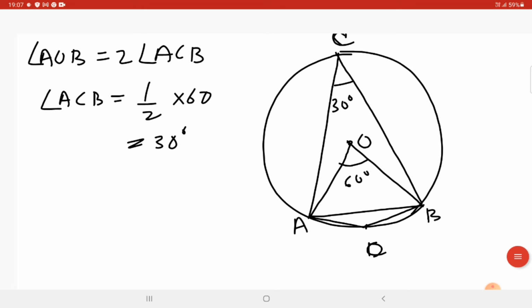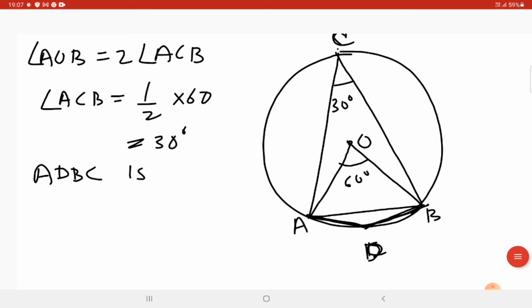Now see the quadrilateral ADBC. All the four vertices lie on the circle, hence it is cyclic.